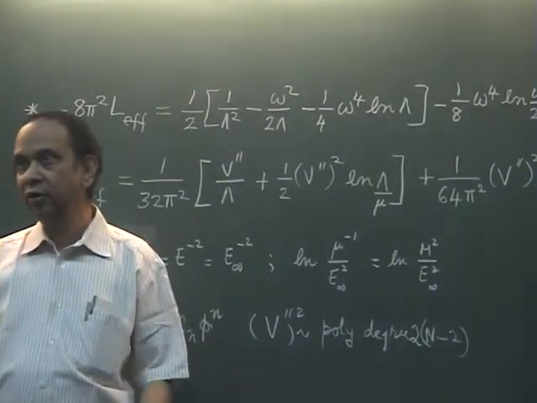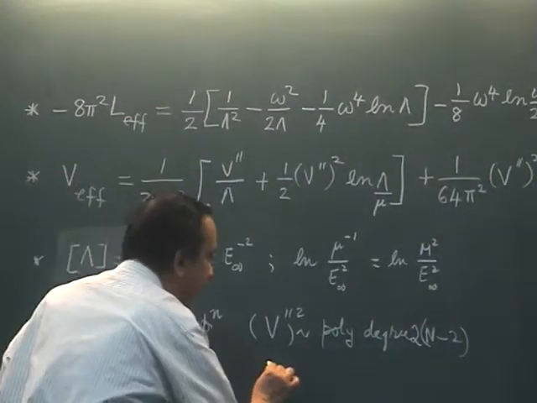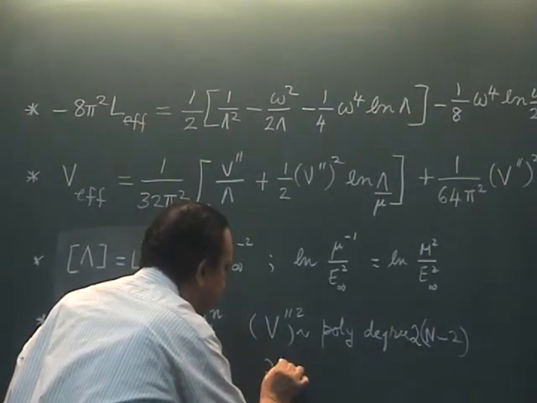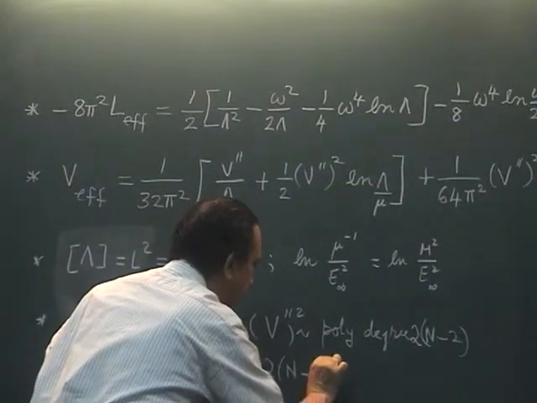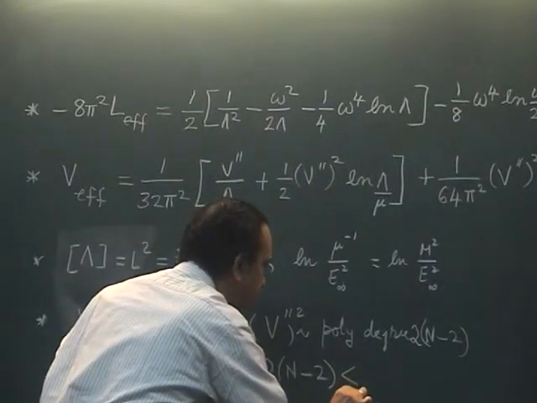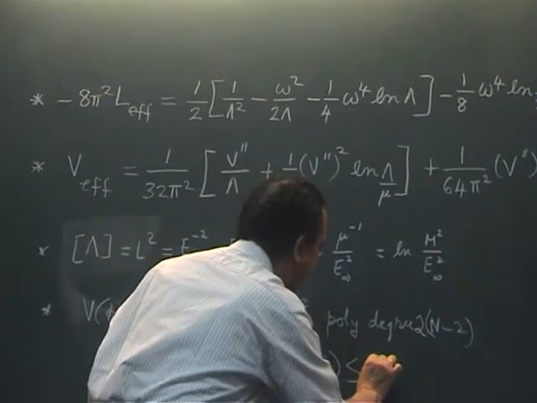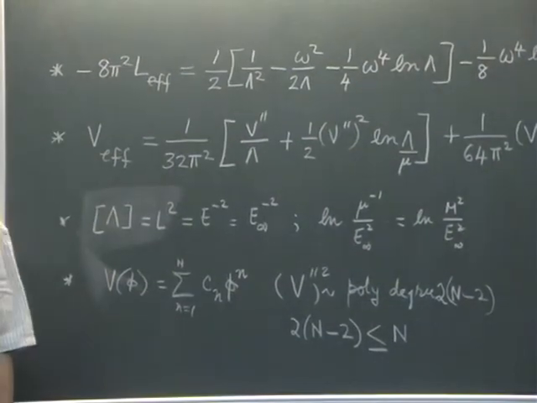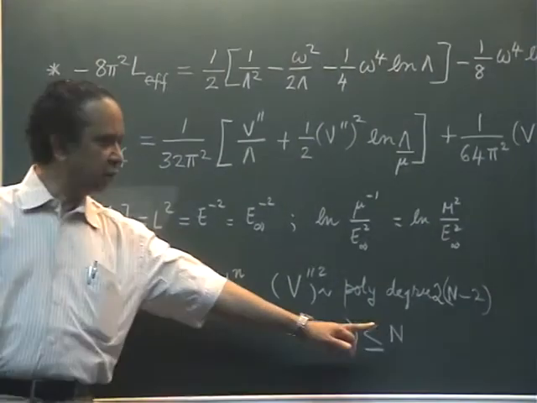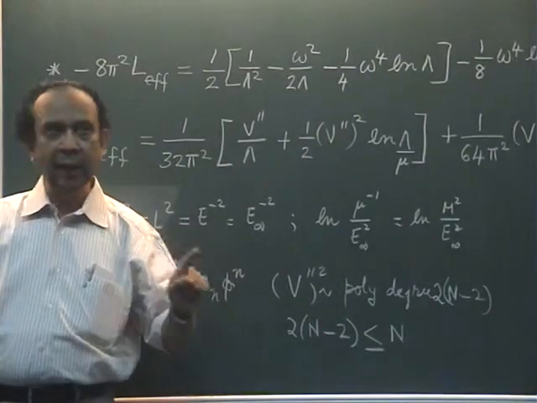Alright. So as long as my 2 into n minus 2 is less than or equal to my original n, I am fine. Because I have n constants to tinker with.